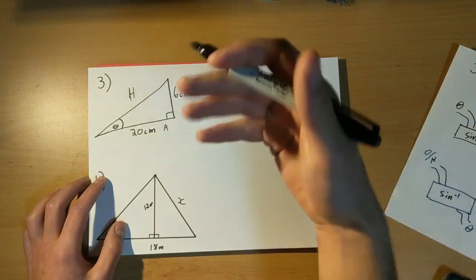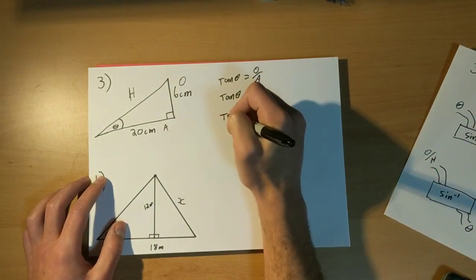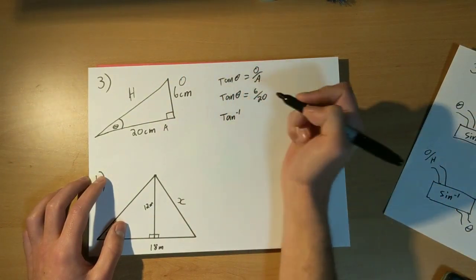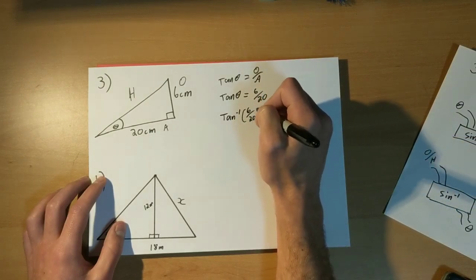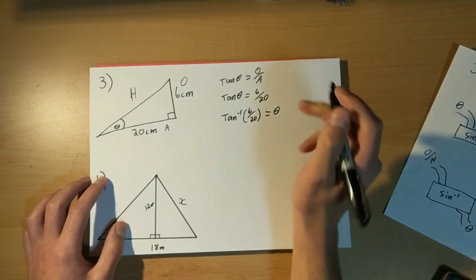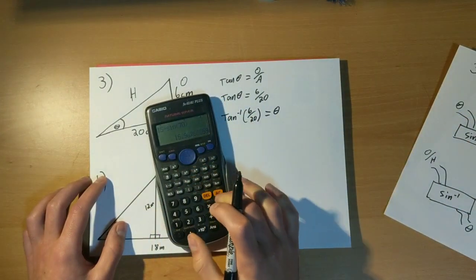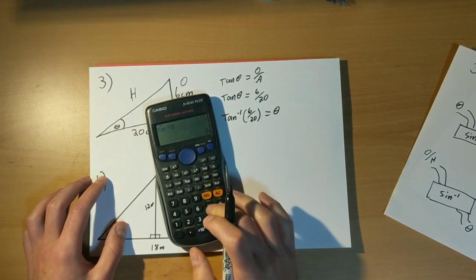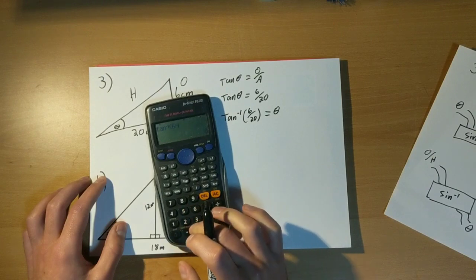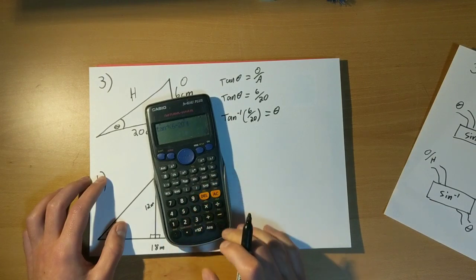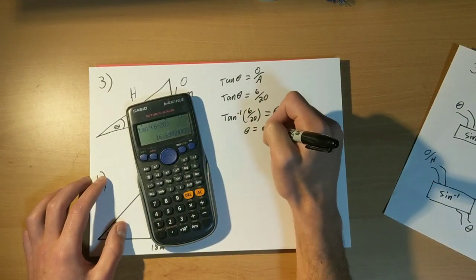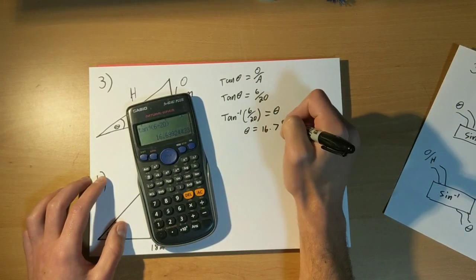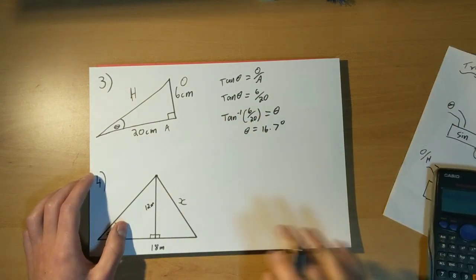So that means I need to flip my tan machine upside down, and I need to say that the inverse tan of the number 6 divided by 20 equals my angle theta. So when I put inverse tan of 6 over 20 into my calculator, I get that the angle is 16.7 degrees.